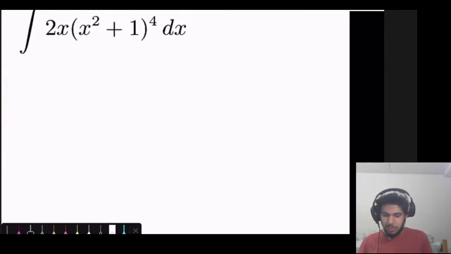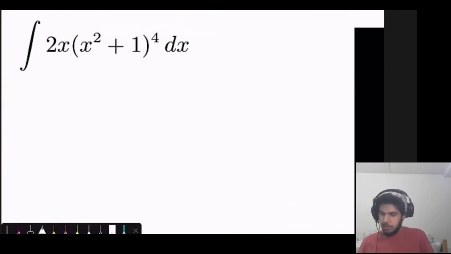So let's zoom in here. The first thing we want to do is choose a u. Well, you don't have to choose a u. You could take this (x squared plus 1) to the 4th and multiply it all out until you have a huge polynomial. Then multiply it by 2x, and then you have the addition of a bunch of terms.